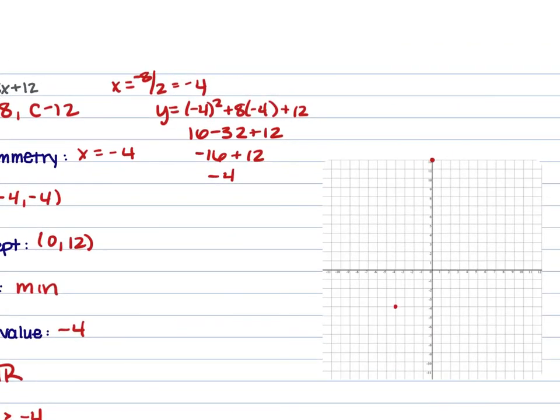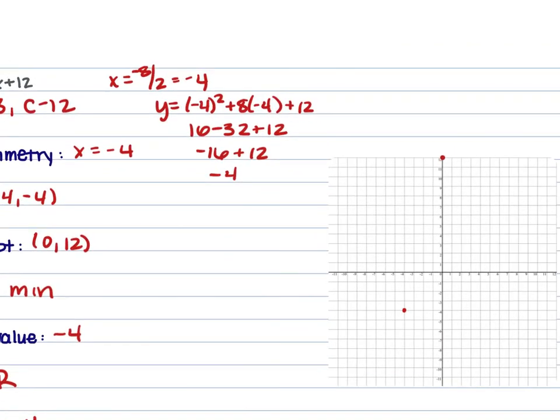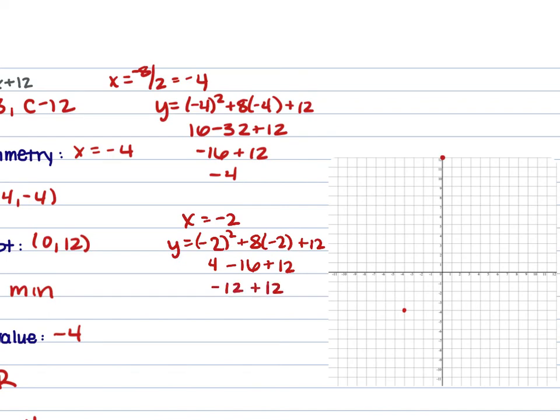So I'm going to choose, let's choose 1. Actually, let's choose negative 2. So it's going to be y is equal to negative 2 squared, which is 4, plus 8 times negative 2, which is negative 16, plus 12. 4 minus 16 is negative 12, plus 12 is 0.